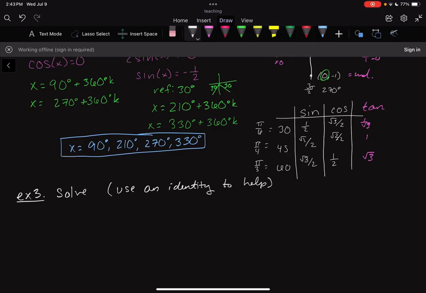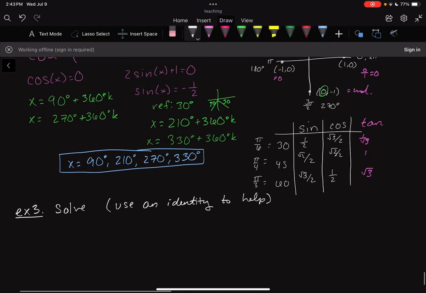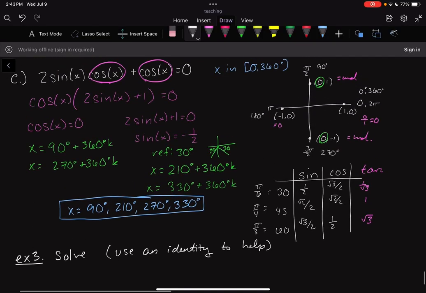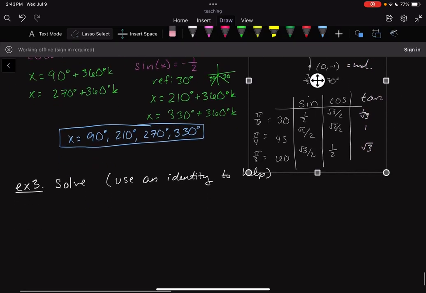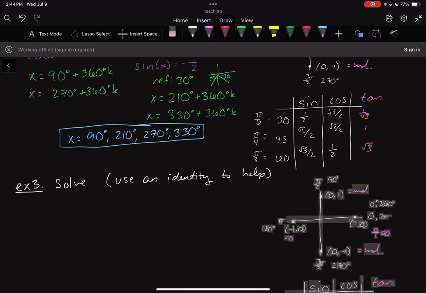The homework is not usually going to tell you when to use an identity, but I'm telling you that for all of these equations that we're going to look at, we are going to be using identities to help us. On the test, I usually hint towards needing to use an identity.